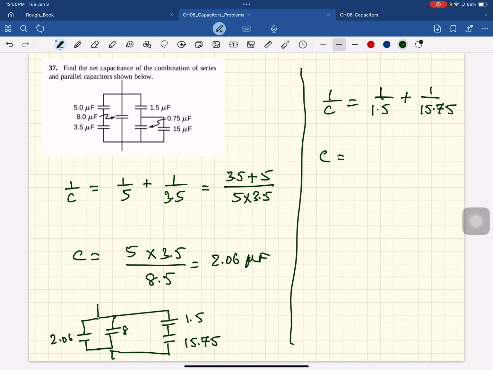So C is 15.75 times 1.5 divided by the sum of the two, 17.25, which is 1.37.